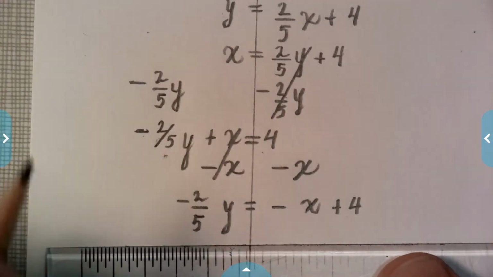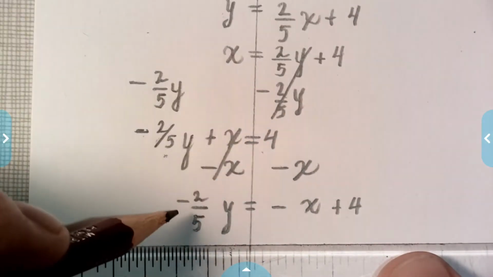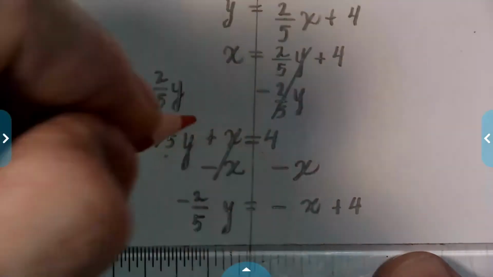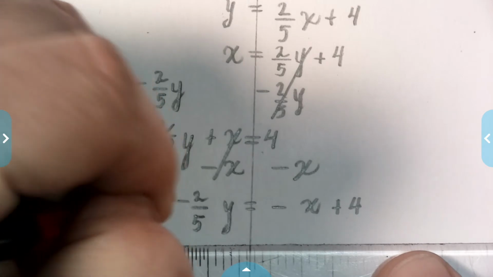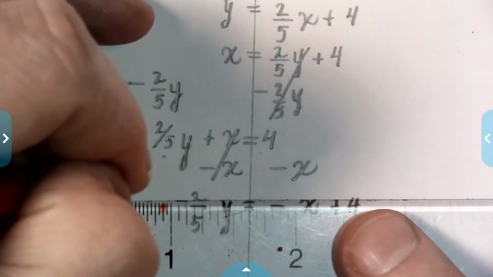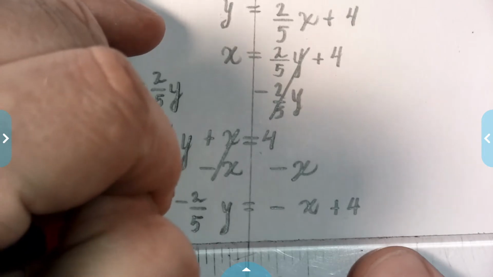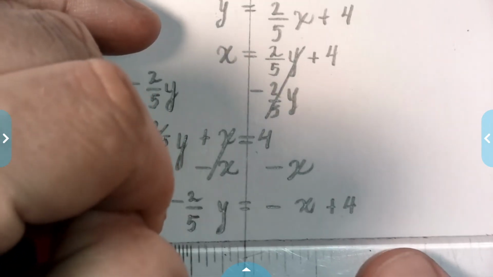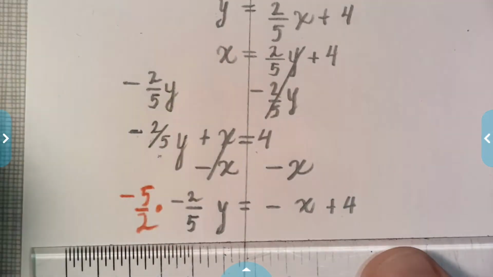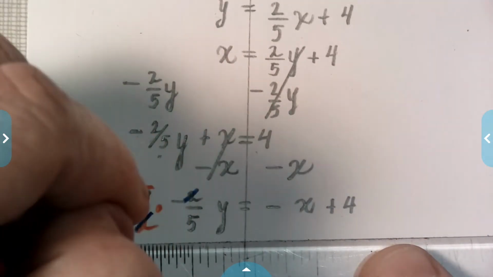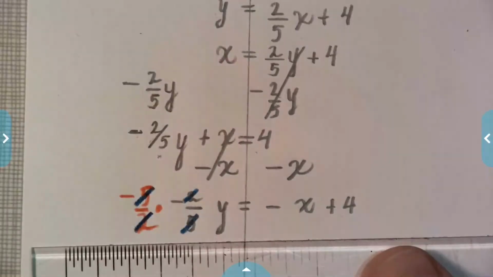Now, what have I got to do to get rid of this negative 2/5? I've got to multiply by the reciprocal, negative 5/2. And then does that all cancel out? Cancel, cancel, cancel. Great.